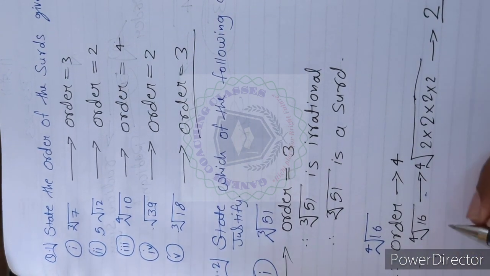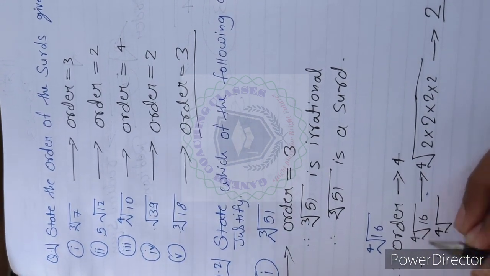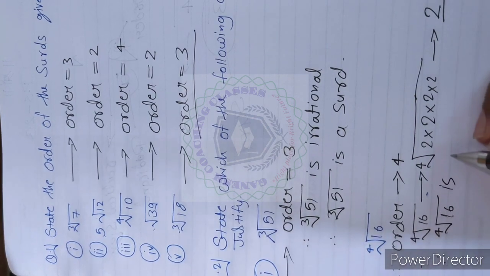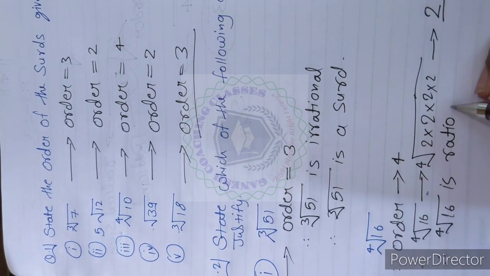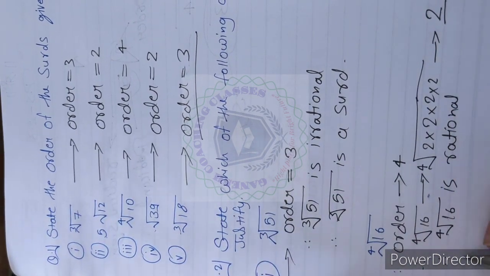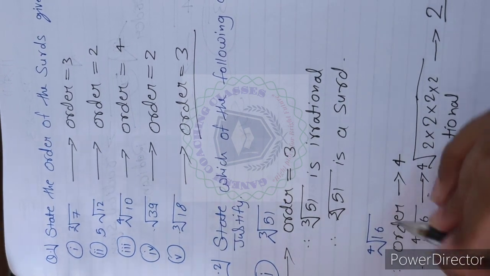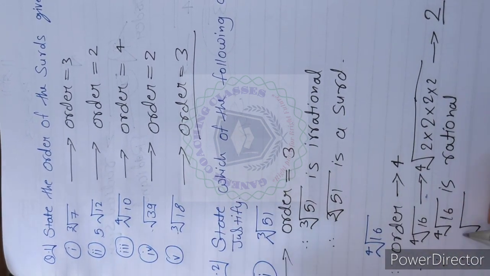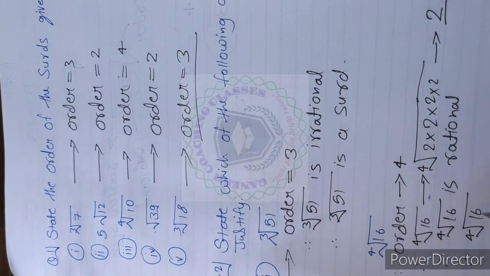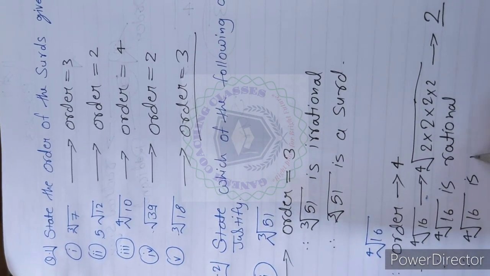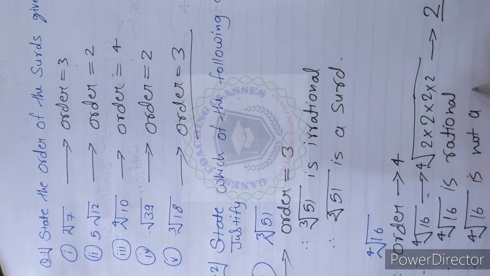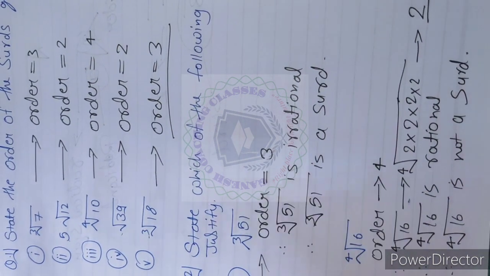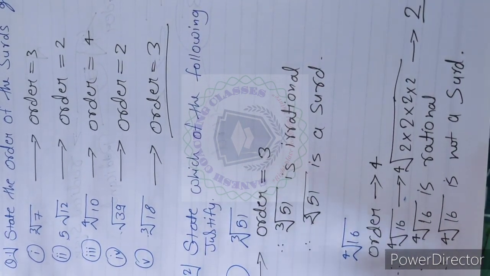So here we will write that the 4th root of 16 is rational. When it is rational, then this root is not a surd. So the 4th root of 16 is not a surd.